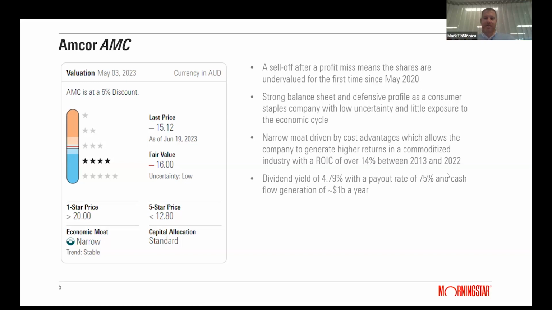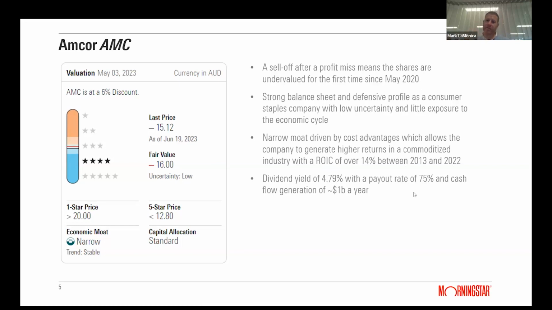Then we've got, of course, what I talked about with dividend yield. I love dividends. Most investors love dividends, and we do have a pretty strong yield, 4.79% right now. That yield, of course, went up with the sell-off we saw in those shares, but we want to make sure that it's actually sustainable. How do we look at sustainability? Well, the first thing we can look at, of course, is the payout rate.